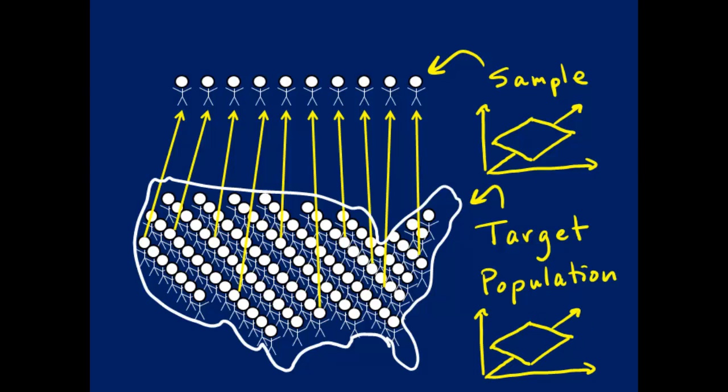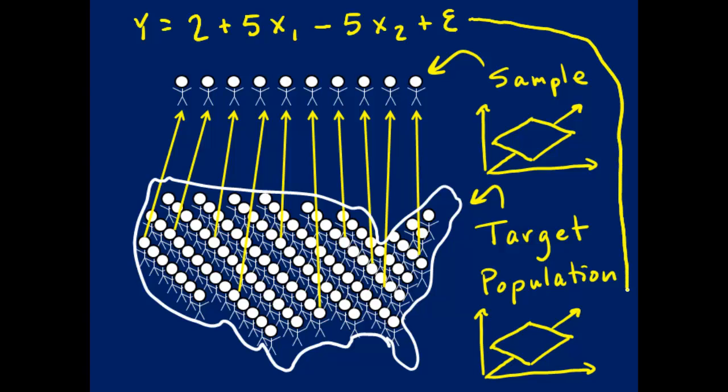And the model I'm going to choose will be y equals 2 plus 5x1 minus 5x2 plus a random portion, which is going to have a mean of 0 and a normal distribution. And so this function is actually going to be the structural part of the target population. And I'm going to generate data points around that structural part.